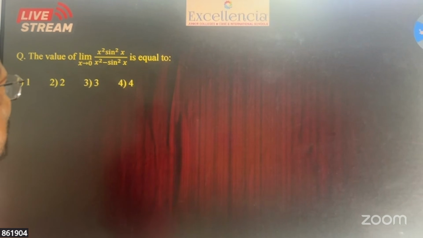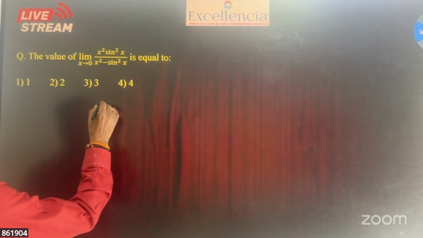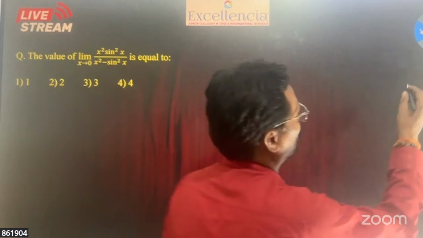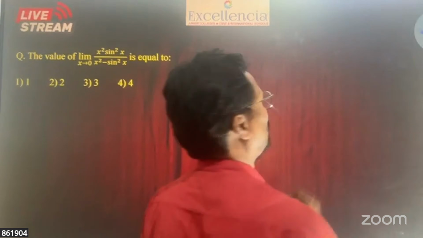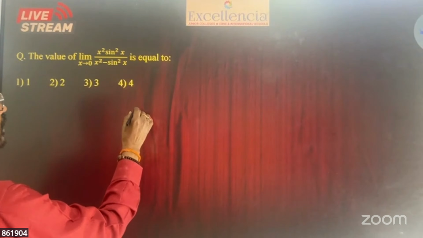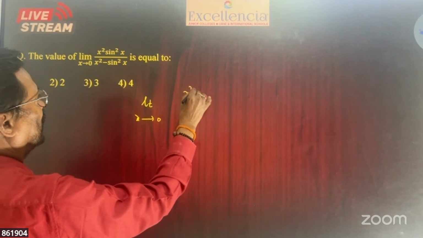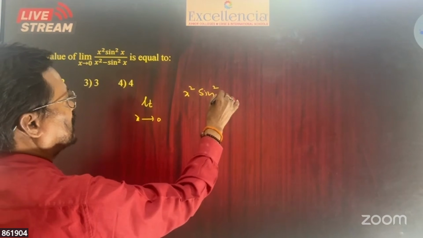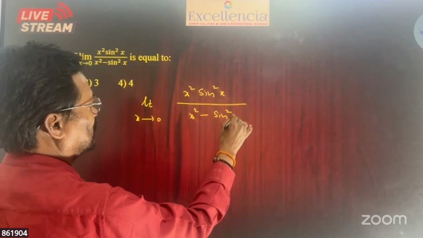Now, this is the third one, and the limit problem is also given very simple. Any student can do this problem easily. See here, this is a direct problem: limit x tending to 0 of x square sine square x by x square minus sine square x.